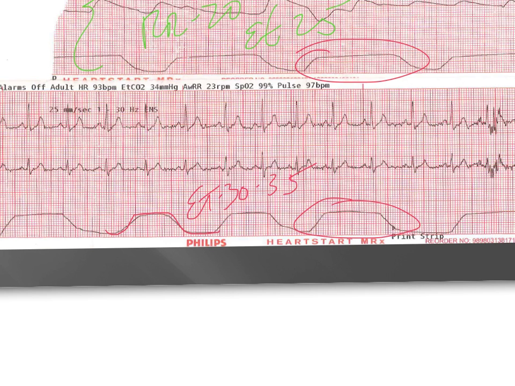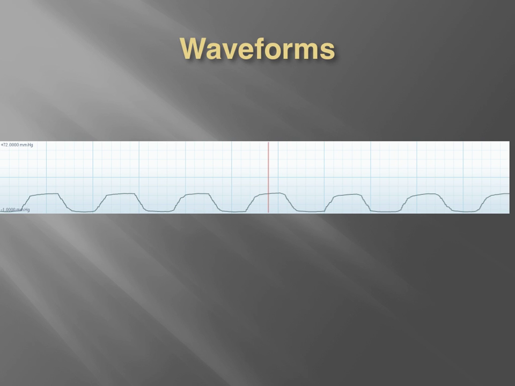Okay, so rate, regularity, size, and rhythm, so to speak. So how about this waveform? If we're looking at it, we see that we have regularity between each one of the waveforms. So the respiratory rate is regular. However, we have quite a few respirations here.